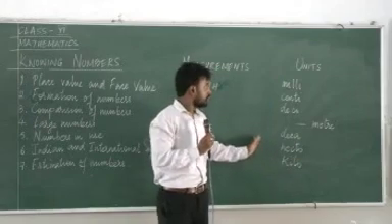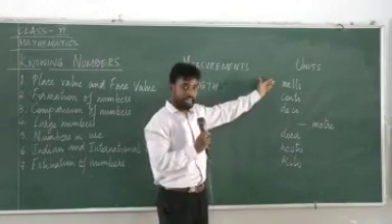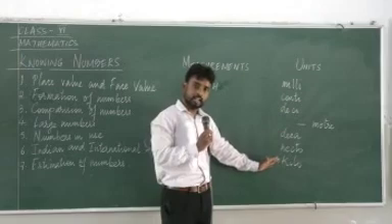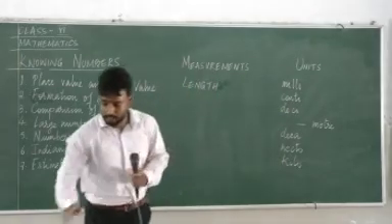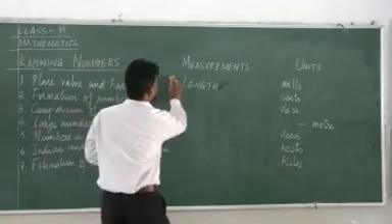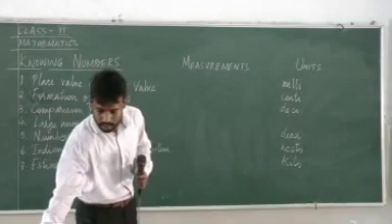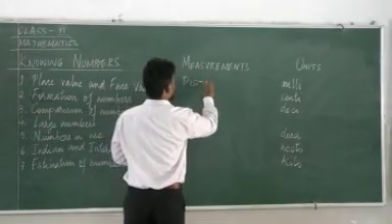And remember that these units are in ascending order. That means millimeter is the smallest unit, and here kilometer is the largest unit. Suppose we want to measure distance.